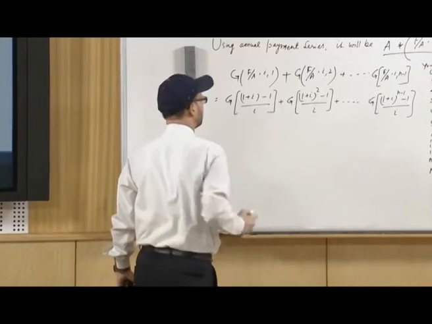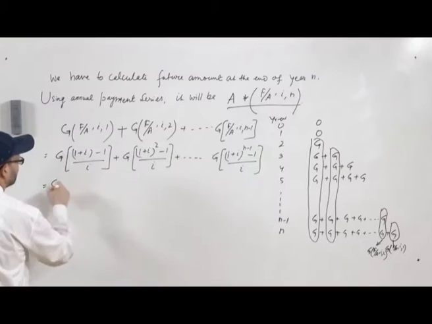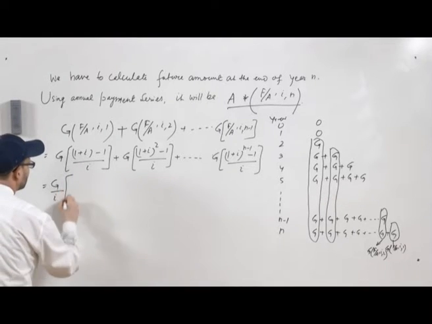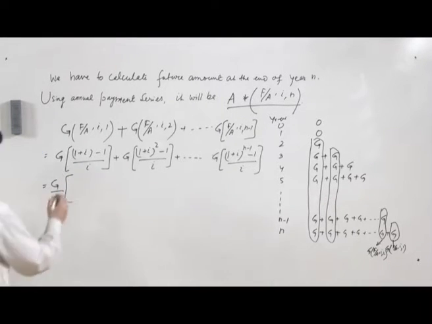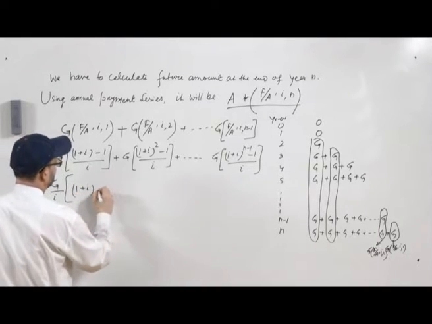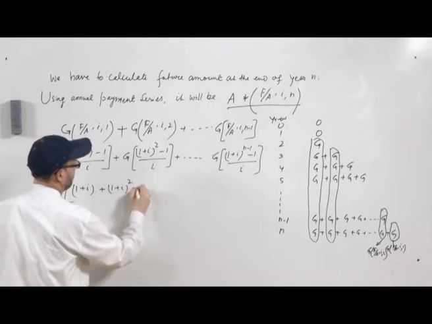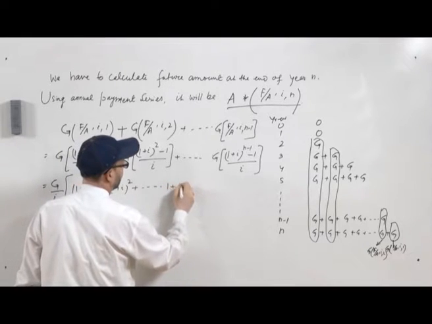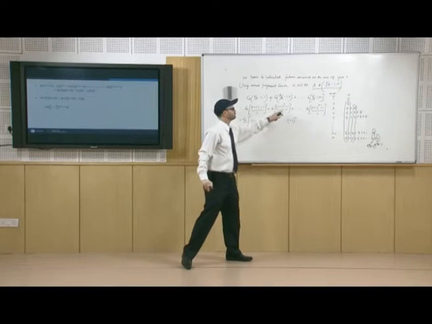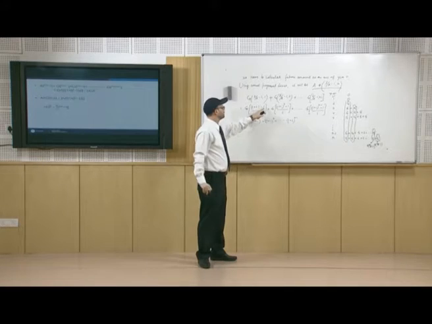Now, let us find the expression for this. So, this will be g by I, we can take out (1 plus I) plus (1 plus I squared) plus (1 plus I) up to n minus 1. We have n minus 1 terms, at n minus 1 terms this 1 comes.